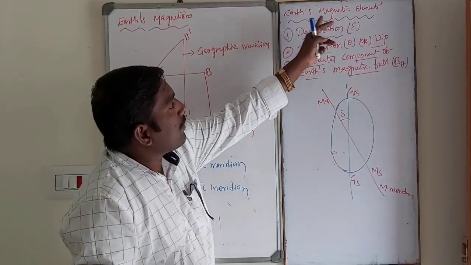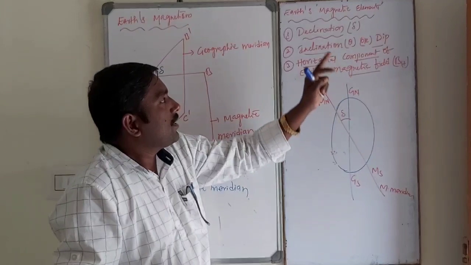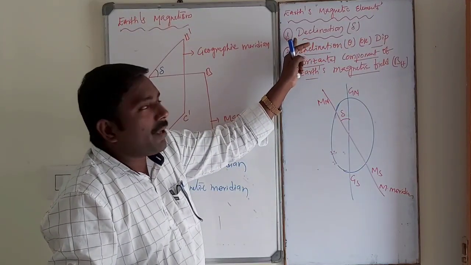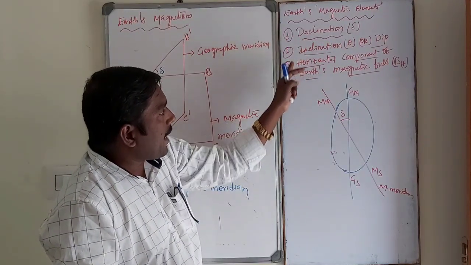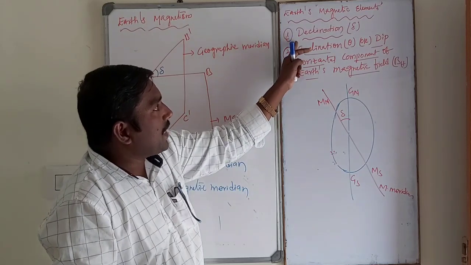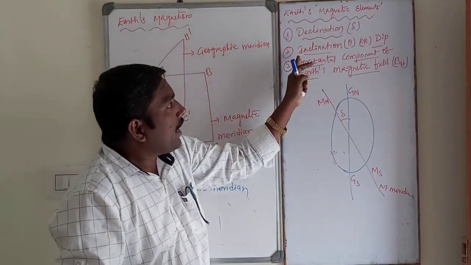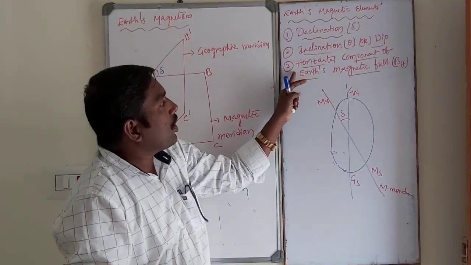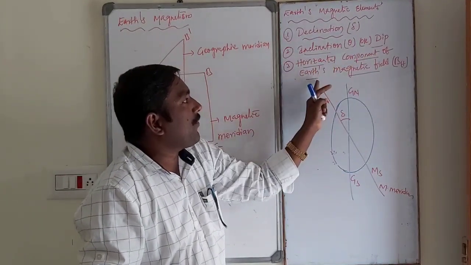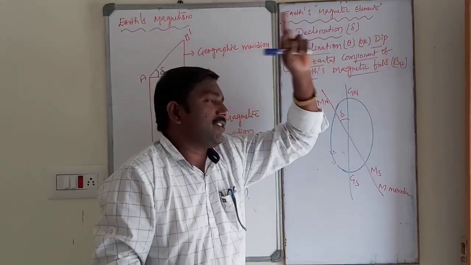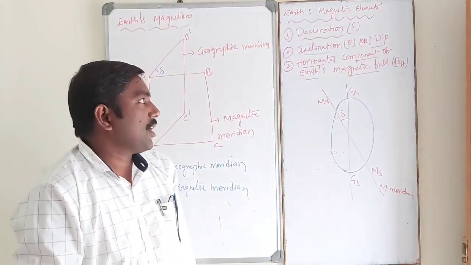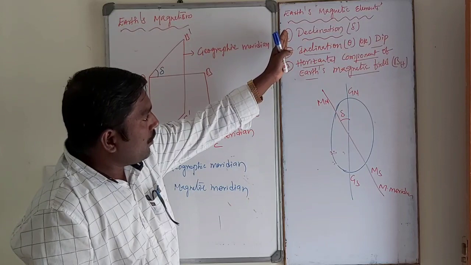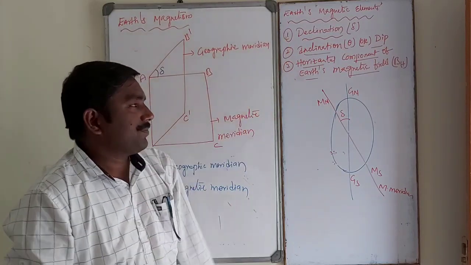How many magnetic elements are there? 3: declination, that is delta; inclination or dip, represented by theta; and the horizontal component of Earth's magnetic field, that is BH. We will discuss one by one.